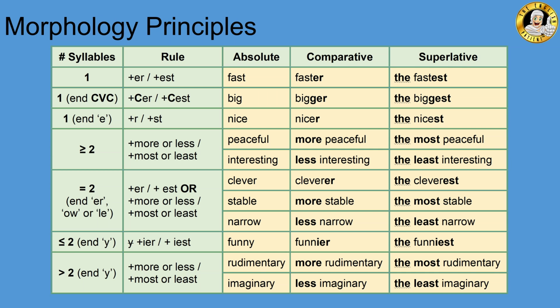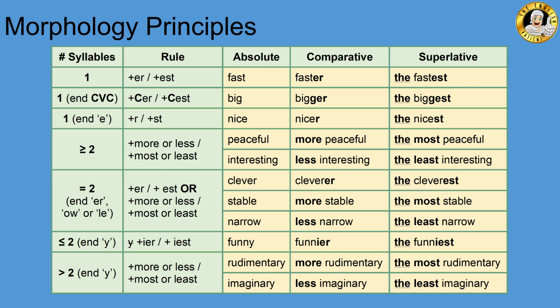And finally, if you have one syllable which ends in E, then because it already has an E at the end, typically we will just add an R or an ST for the comparative or the superlative. For example, nice will become nicer with just an R added, or the nicest with just ST added.